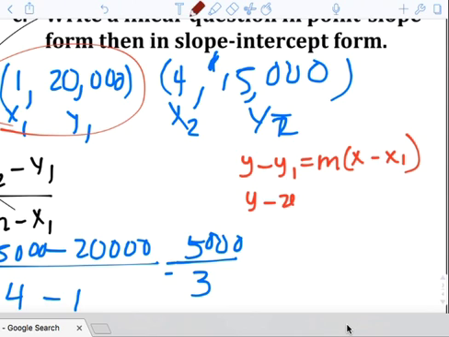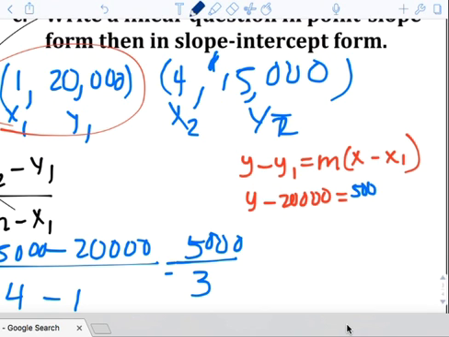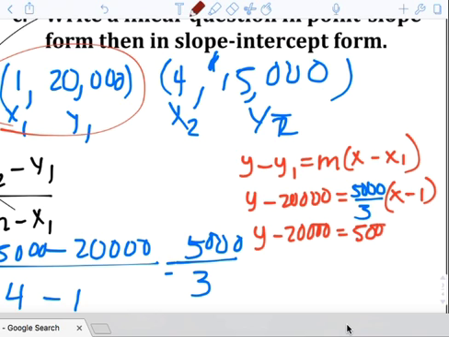Y minus 20,000 equals m, which is 5,000 over 3, then x minus 1. Y minus 20,000 equals 5,000 over 3 x minus.